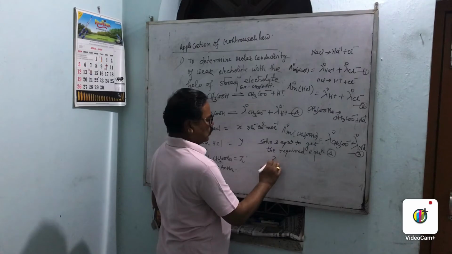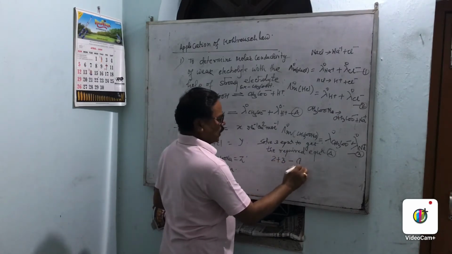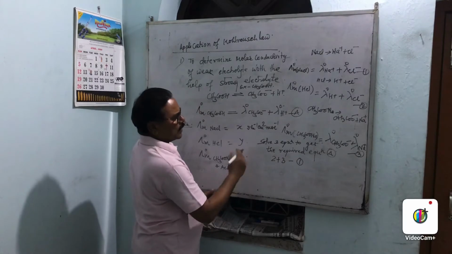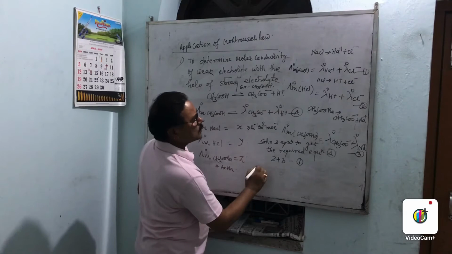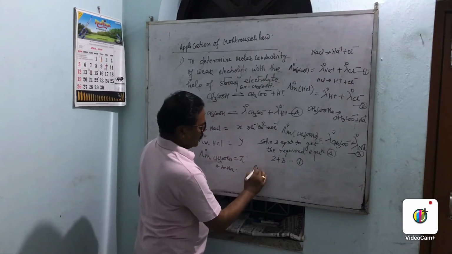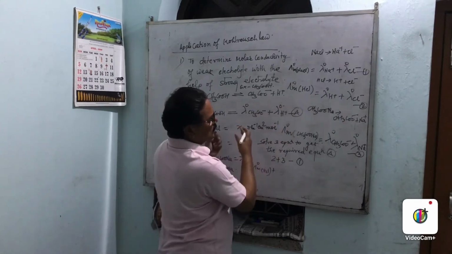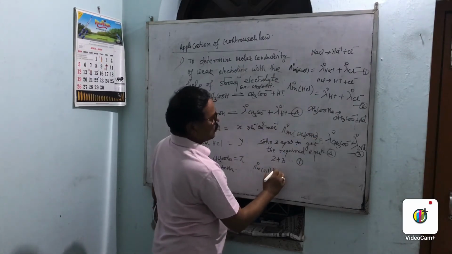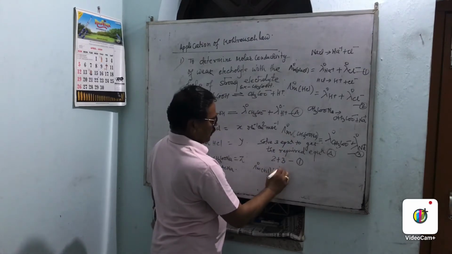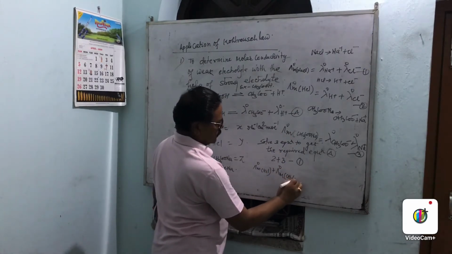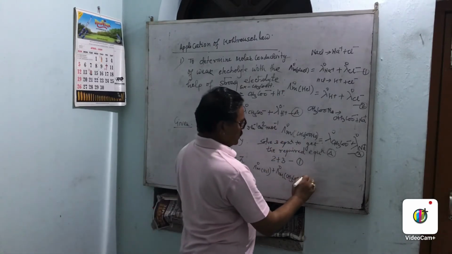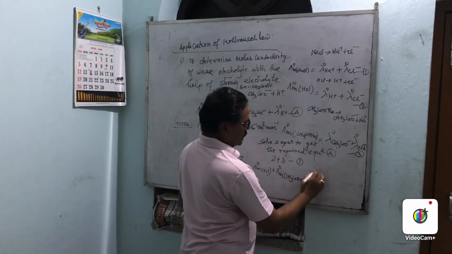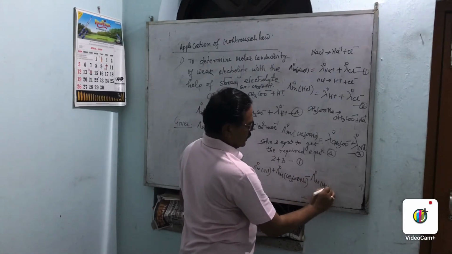On the left side we write lambda M HCl, plus the molar conductivity of acetate, and minus the molar conductivity of NaCl.